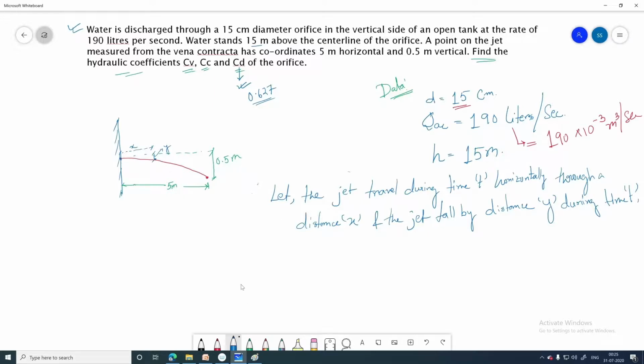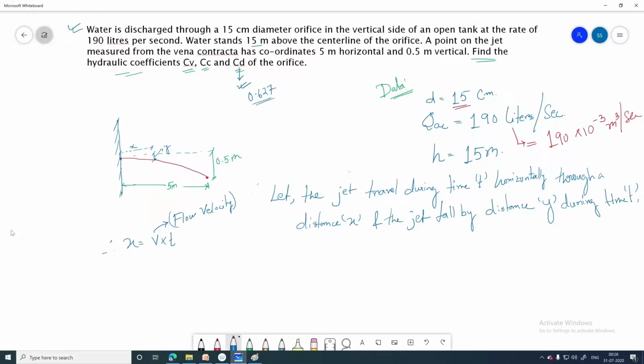So from the physics we already know the horizontal distance it covers, that means the value of x equals Vt, where V is the flow velocity.